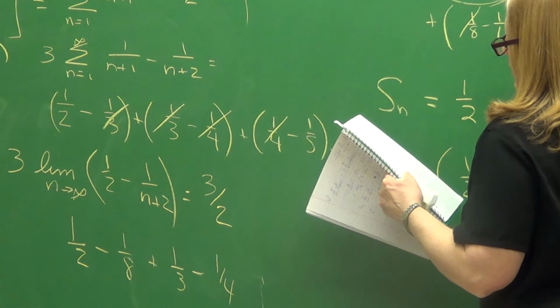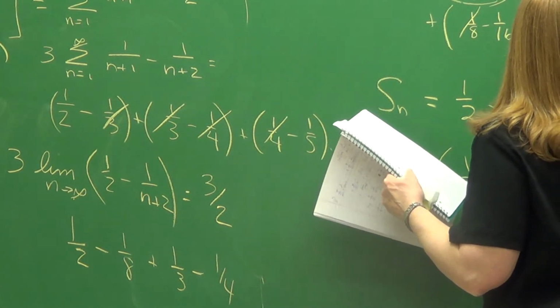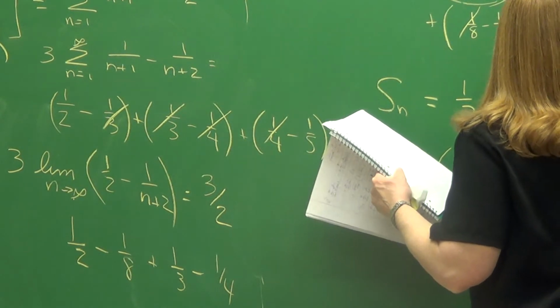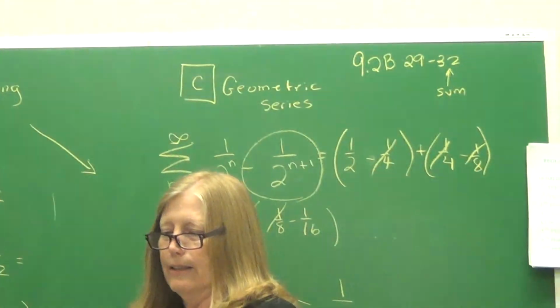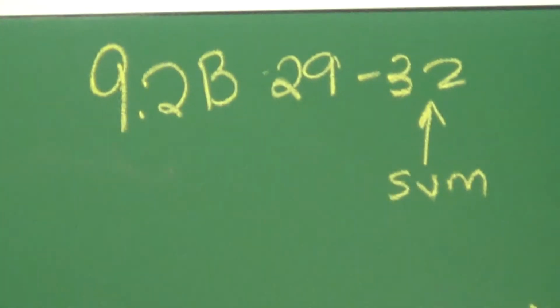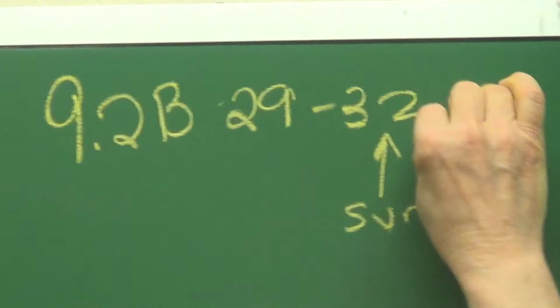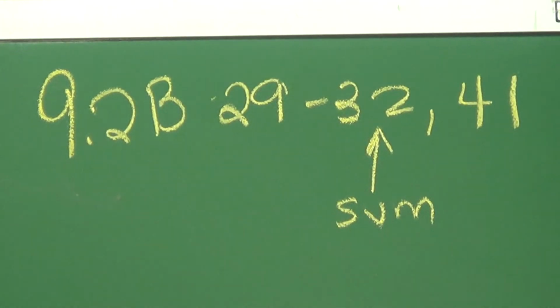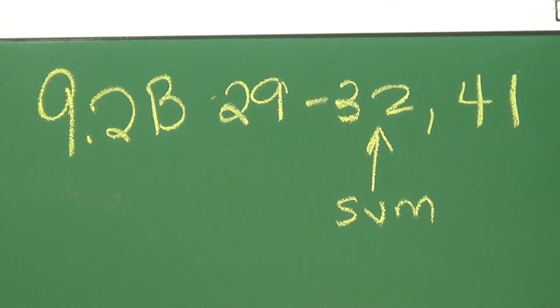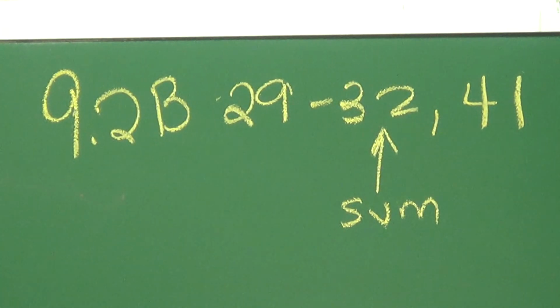And we'll do numbers 29 to 32. 32 has a different direction, but all I want is the sum, not all the extra work that they asked for on 32. And number 41. So 29, 30, 31, 32, and 41 are all telescoping series, and I'll be here to help you if you hit any bumps in the road.